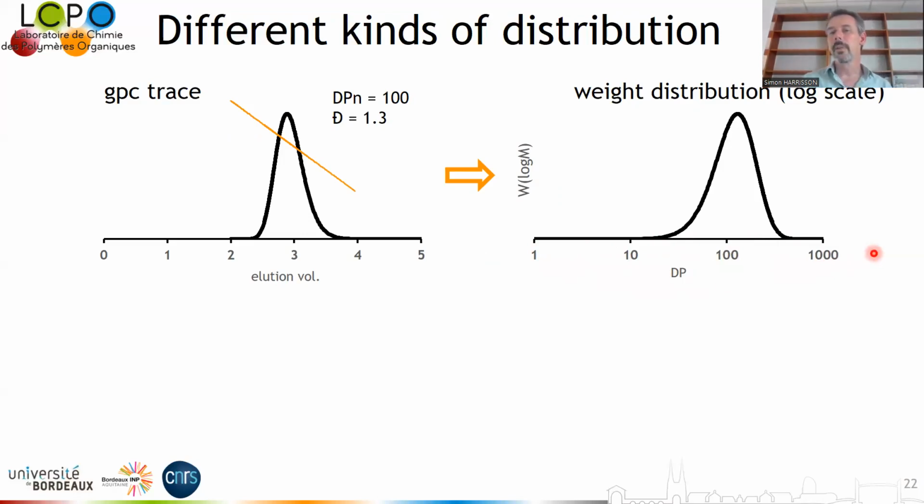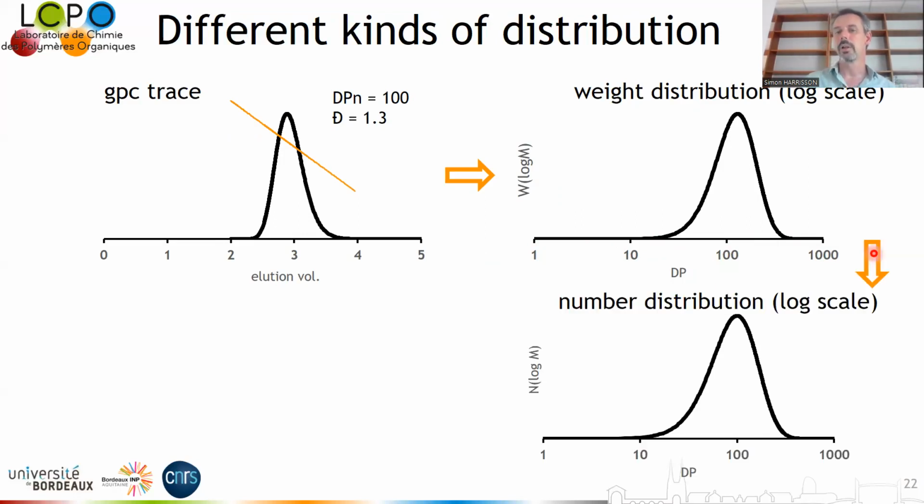Then if we're interested in the number of chains rather than just the mass of polymer overall, we can convert that into a number distribution. And to do that, we're going to divide each point here by the molecular weight at that point. That has the effect of diminishing the high molecular weight region and amplifying the low molecular weight region of the distribution. But we're still looking at a log scale.